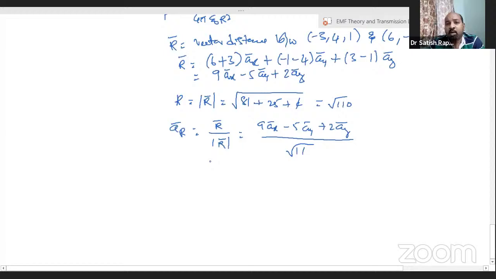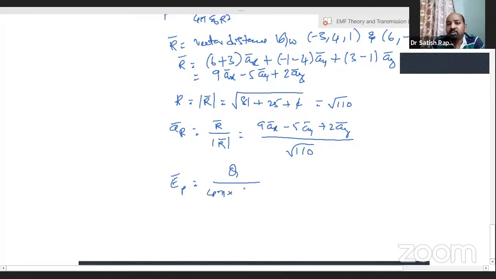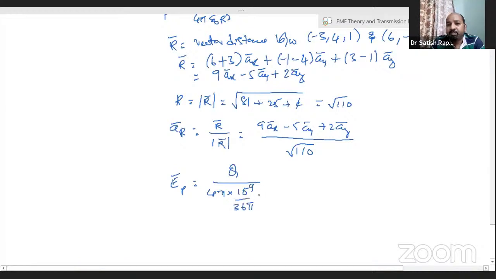And now the electric field due to a point charge is equal to Q, which we don't know, by 4 pi epsilon naught into R square into a_R bar. What is epsilon naught? Epsilon naught is 10 power minus 9 by 36 pi.